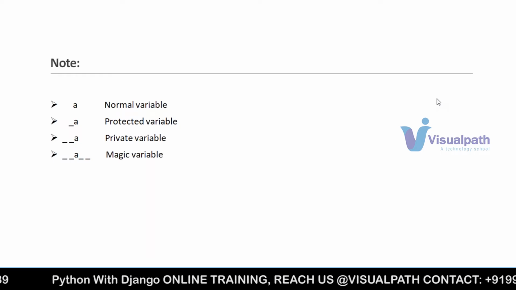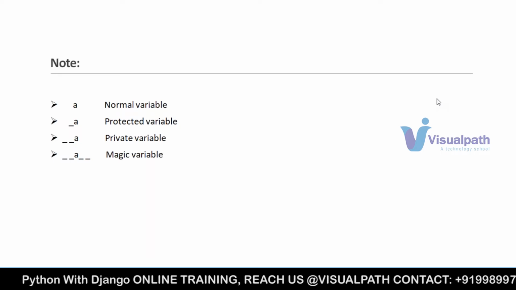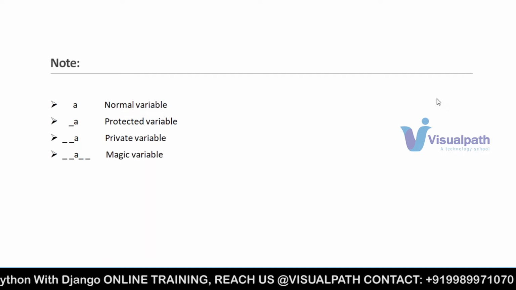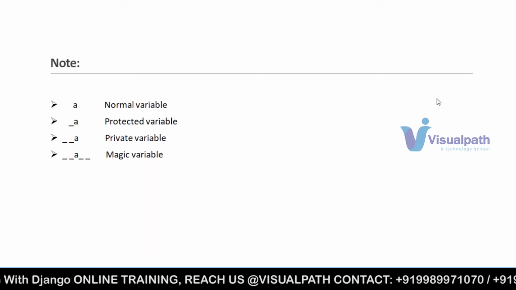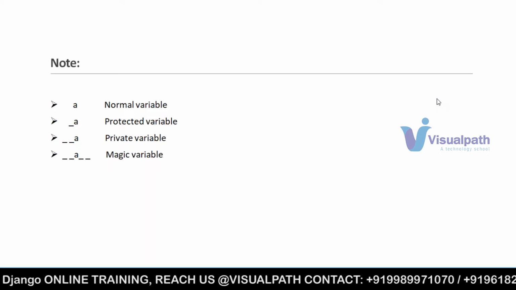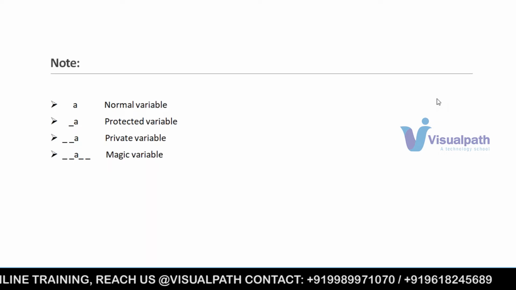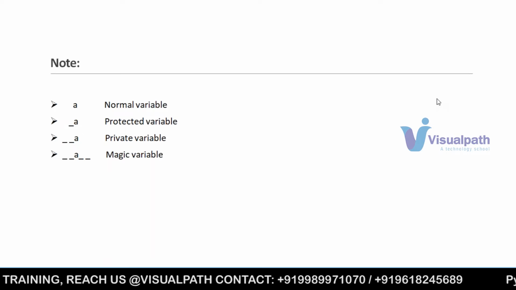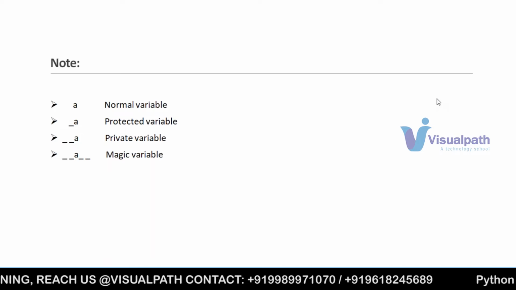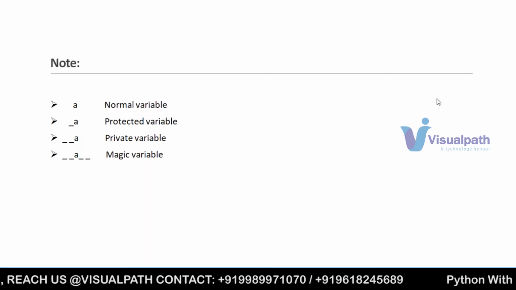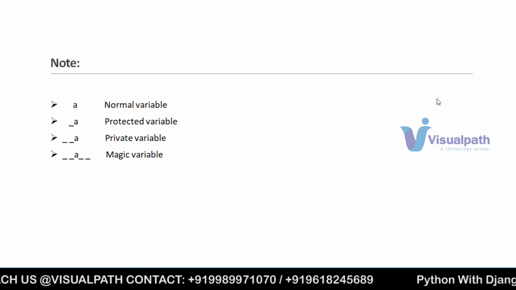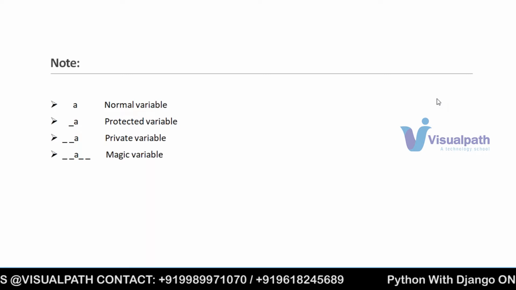I want to shift my career to the IT field, sir. So you don't have any programming background, is it? Yes. Okay, fine. No need to worry. To learn Python, no need to have any programming knowledge. Anyone can learn.